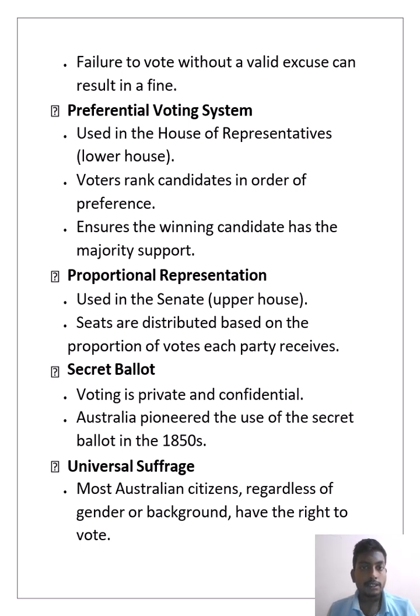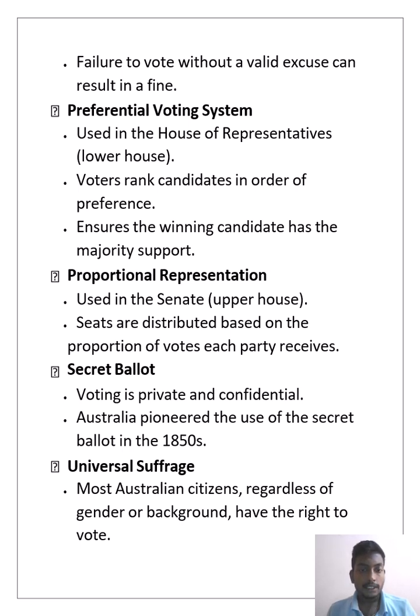Failure to vote without a valid excuse can result in a fine. Preferential voting system used in the House of Representatives, the lower house. Voters rank candidates in order of preference, which ensures the winning candidate has majority support.